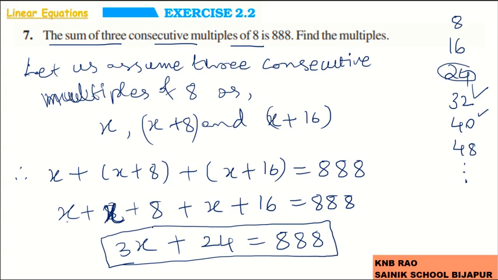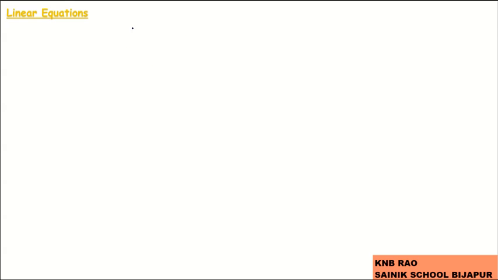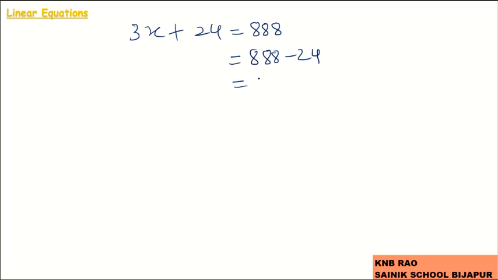Now we shall solve this equation. 3x plus 24 equals 888. 24, when it is transposed, becomes a subtrahend, as it is an addend on the left hand side. It gives you 864. 3x equals 864.